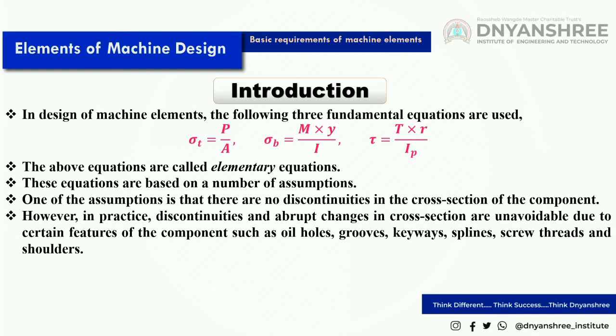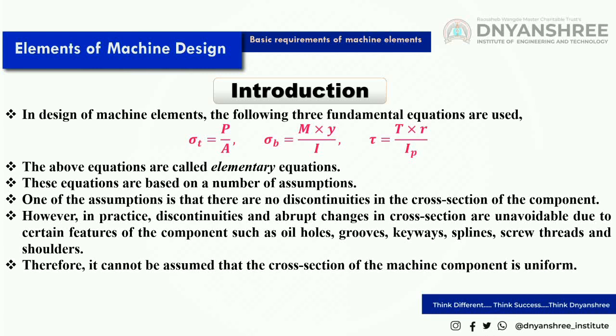These discontinuities and abrupt changes in cross section are due to oil holes, grooves, keyways, splines, screw threads and shoulders, and many more reasons. Therefore, it cannot be assumed that the cross section of the machine component is uniform.